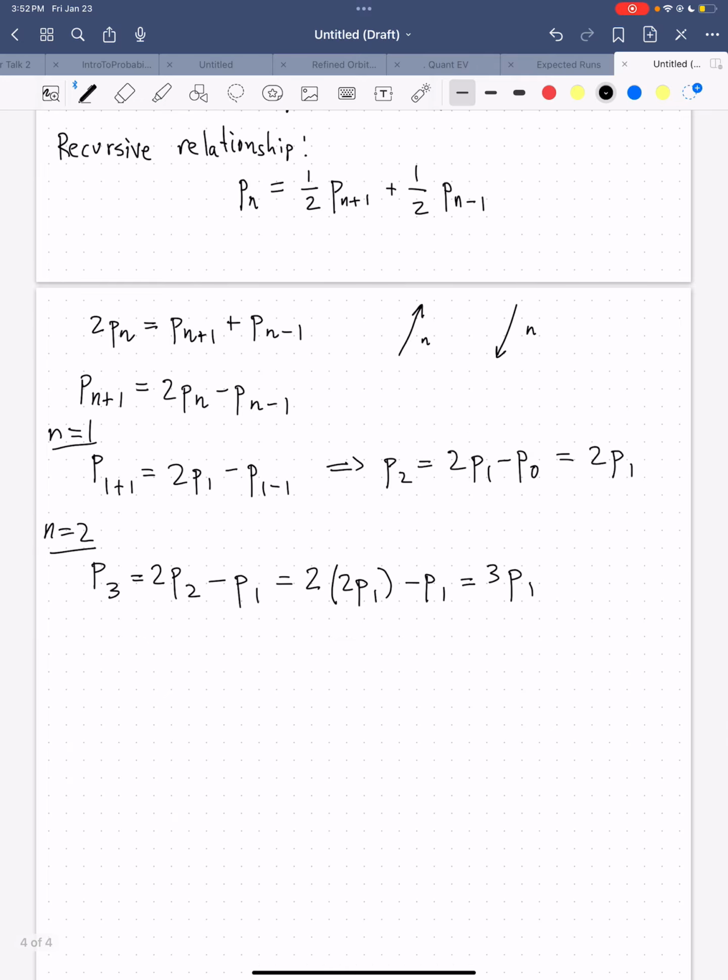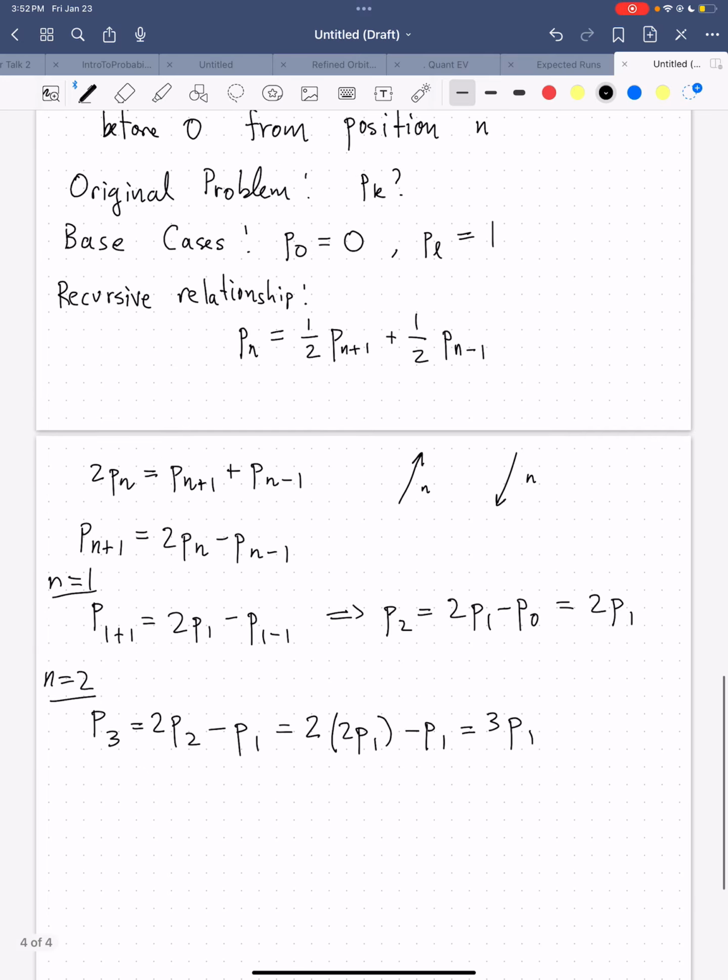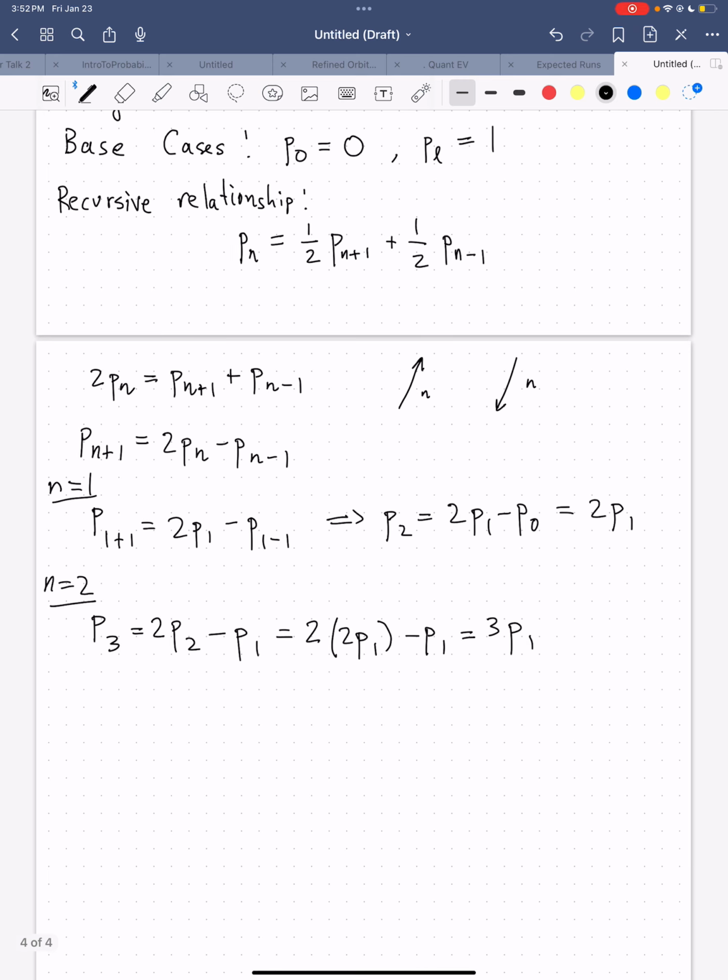All right, and then we could keep going. Or do we need to keep going? Let's do one more, see if we can pick up the pattern.